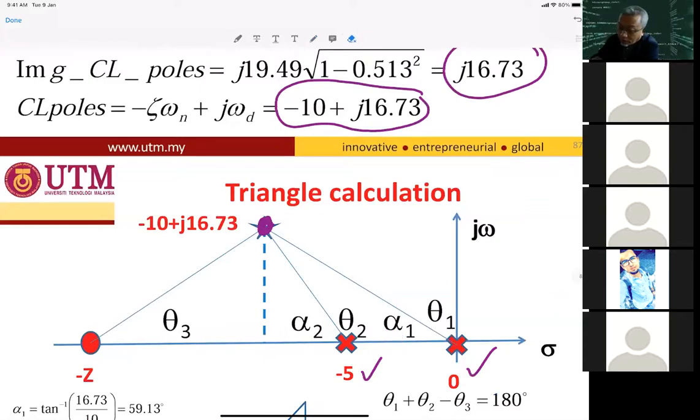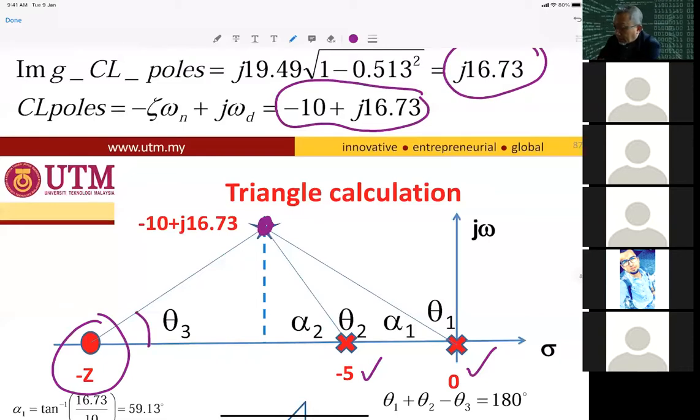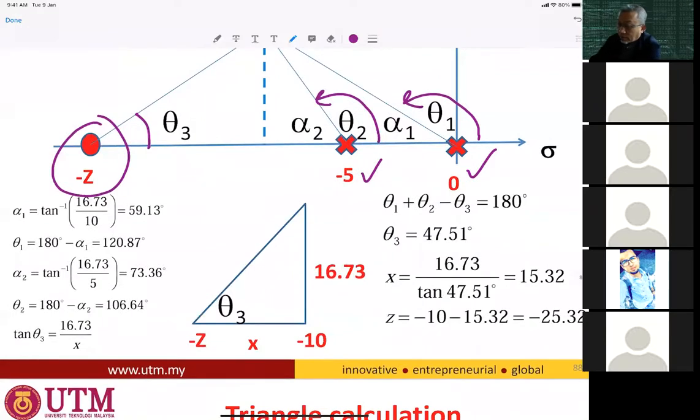So let's say we locate it here, at minus z, and we name the angle theta 3. The zero at 0 is theta 1, and minus 5 is theta 2. For alpha 1, which is 59.13, we use the angle criteria: theta 1 plus theta 2 minus theta 3.